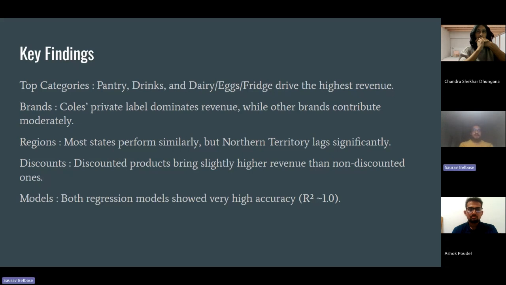The regions that performed well in terms of revenue are the most populous states like NSW, Victoria, and so on, while the Northern Territory lags significantly. Discounted products bring slightly higher revenue than the non-discounted ones. And both regression models showed very high accuracy, nearly around 1.